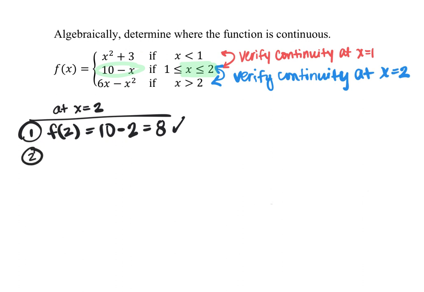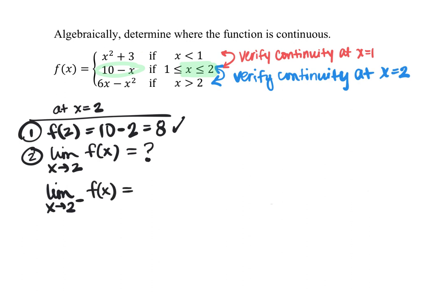So yes, f of 2 does exist, and in fact, the y value will be 8 when x is equal to 2. The second condition is that the limit must exist as x approaches 2. So right now I don't know the value of that limit, and in order to find it and see if the limit exists, I need to look at the one-sided limits again. So we'll start with the limit as x approaches 2 from the left.